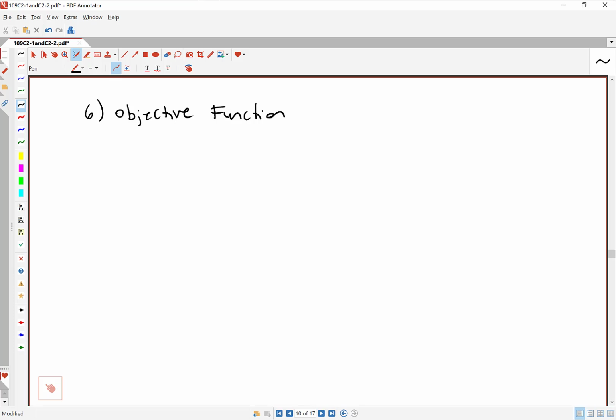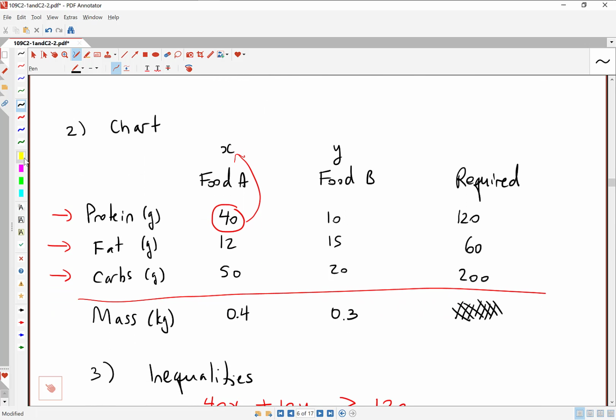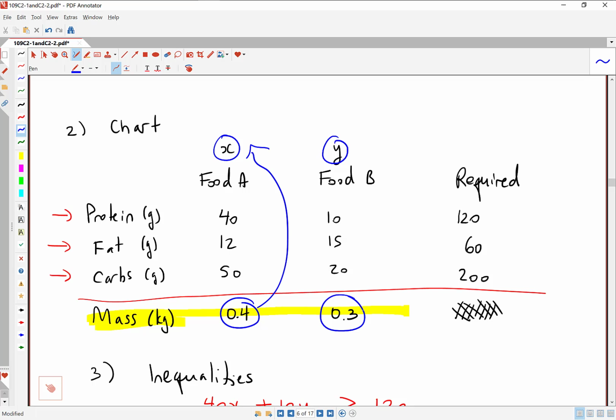So step 6 is going to be to write down our objective function, and we can do that by looking back at our chart. So here was our chart, and we said that the bottom row is where the objective function is going to come from. So what we're trying to do is minimize the mass. If we think about what the mass is going to look like, it's going to be 0.4 times x plus 0.3 times y.